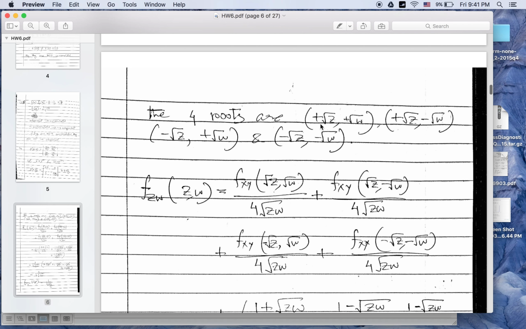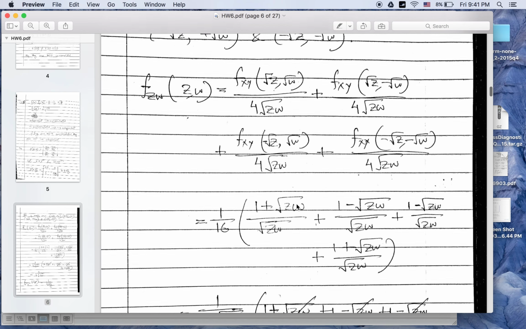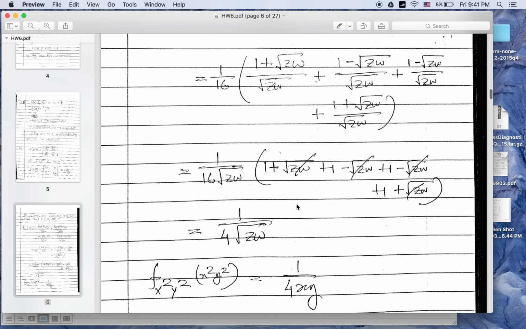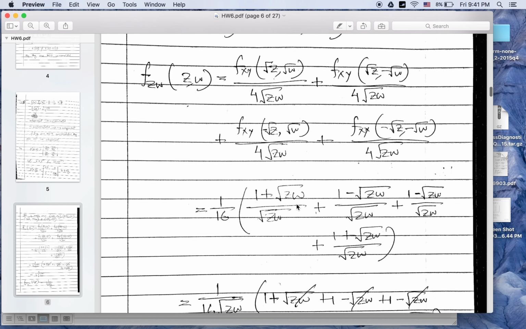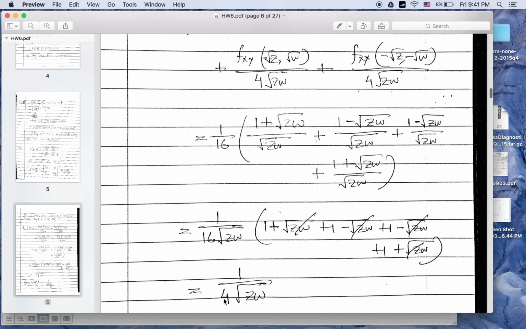The four roots are plus square root of z and plus square root of w, plus square root of z and minus square root of w, minus square root of z and plus square root of w, and minus square root of z and minus square root of w. We take the summation of all four solutions and find that the joint density of z and w equals 1 by 4 into square root of zw.